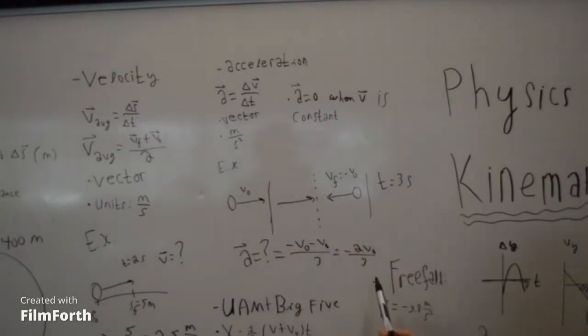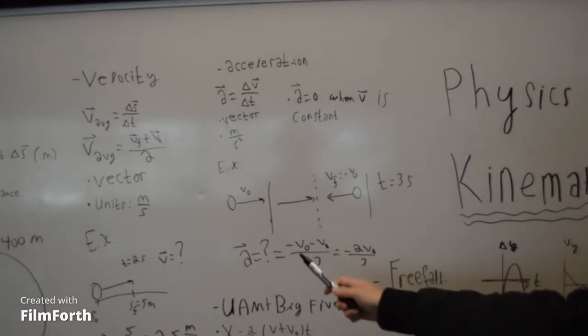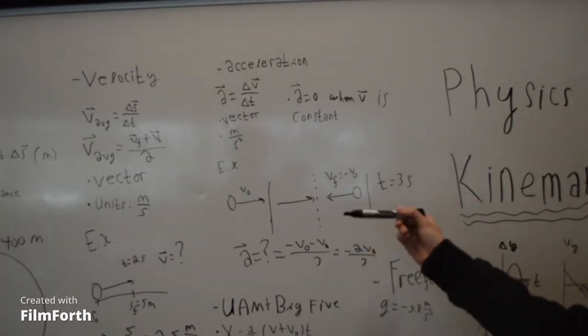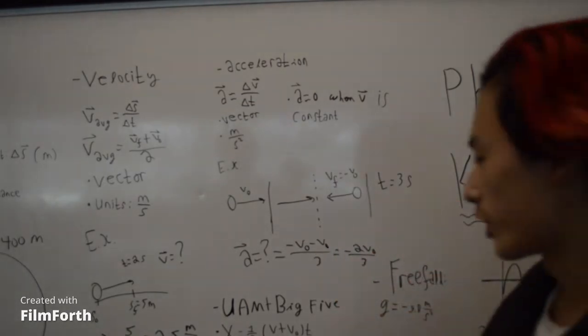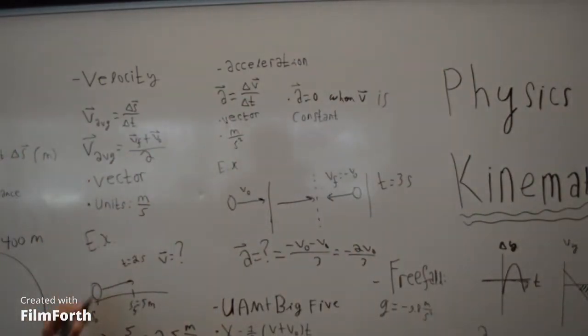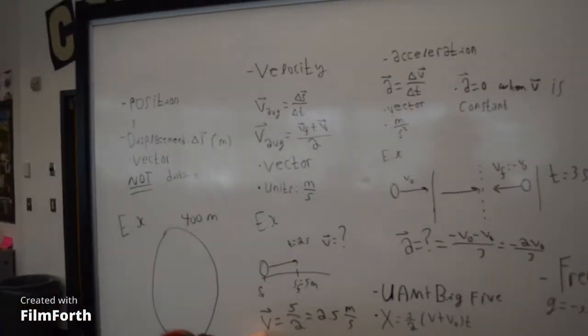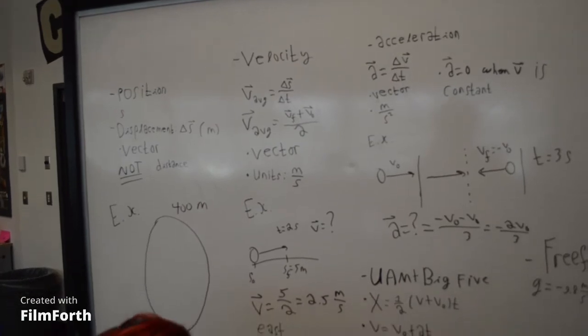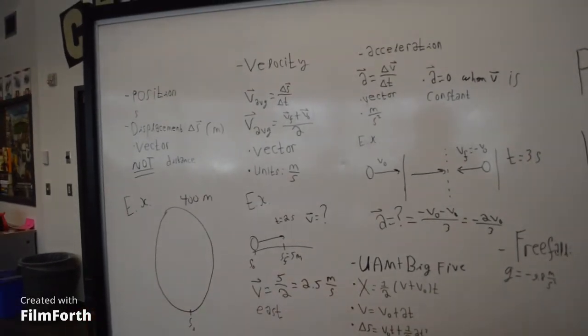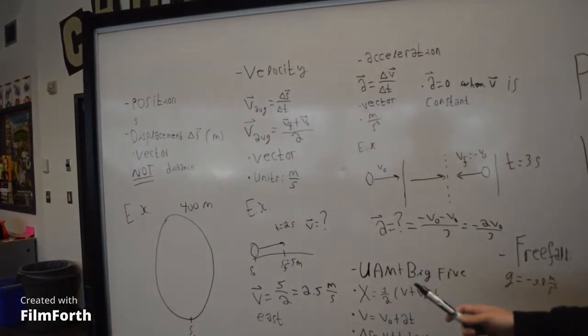That will be our expression for acceleration. The negative just means it's going in the opposite direction. Speaking of direction, for my velocity example, I should have specified that it was 2.5 meters per second east. As velocity is a vector, you must specify both its magnitude and direction.